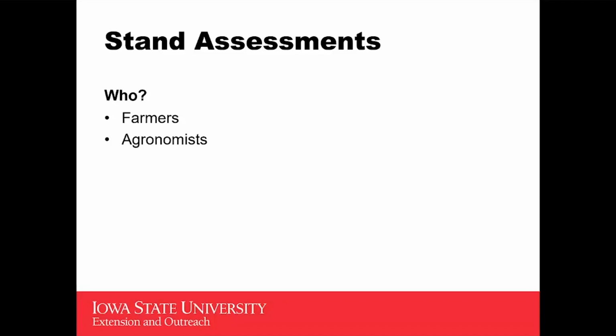Or hopefully we're not looking at herbicide injury at this point of the game on the early side of this, but we possibly could have some herbicide injury. But doing those stand assessments gives us a starting point for the growing season as well.